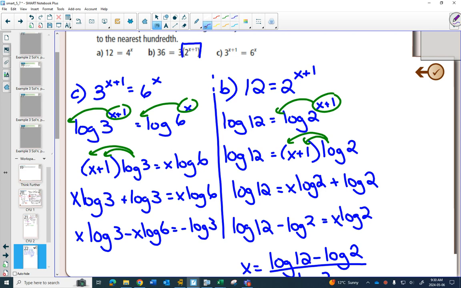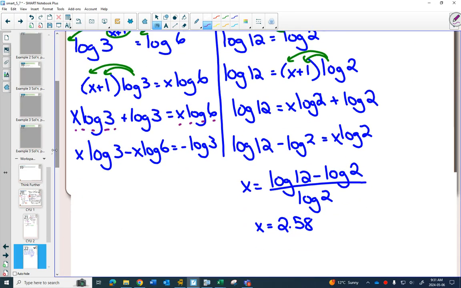So now I have 2 terms with x's. So I'm going to want to bring those 2 terms to the same side, and I'm going to try and put all of my terms without x's on the other side. Because then I can factor out the common factor of x.